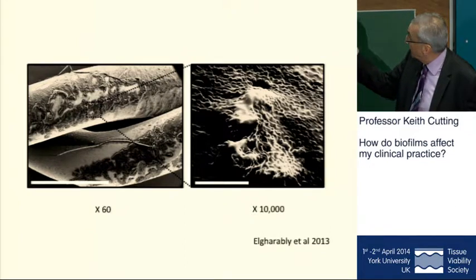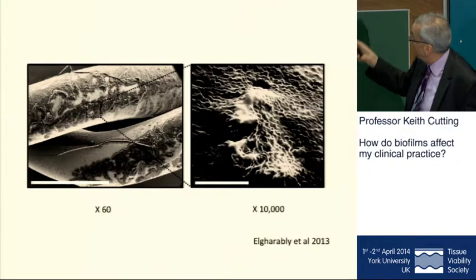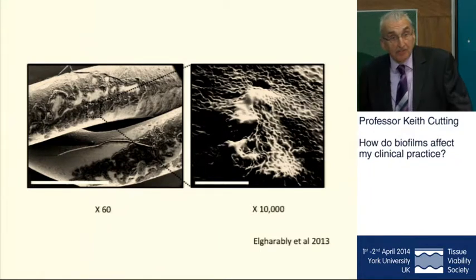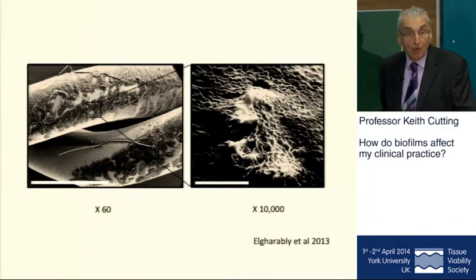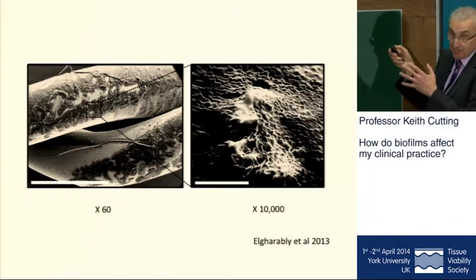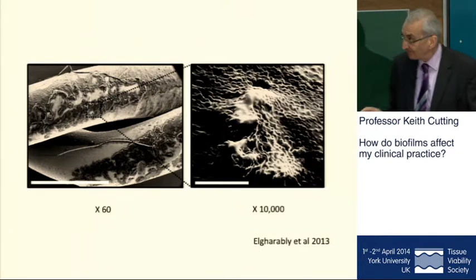And this substance on the sternal wire has been magnified and is identified in more detail over here. So what the researchers claim is that this is evidence of biofilm growth on these sternal wires, and that obviously has to be managed, otherwise the wound will not heal.